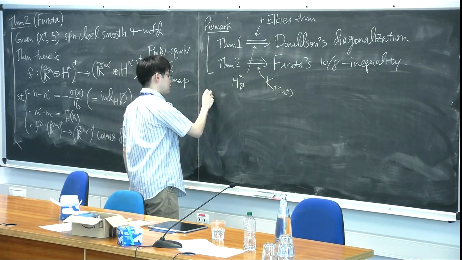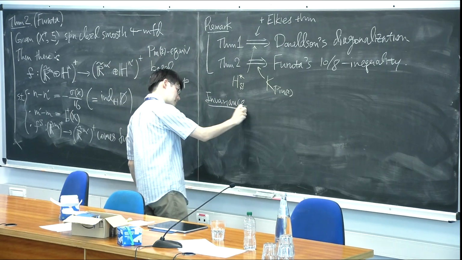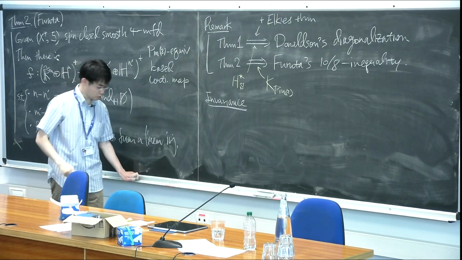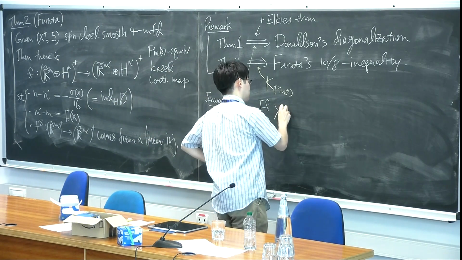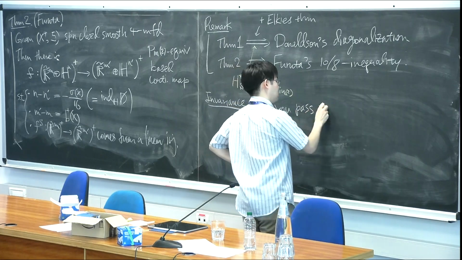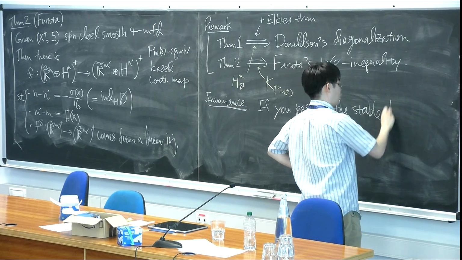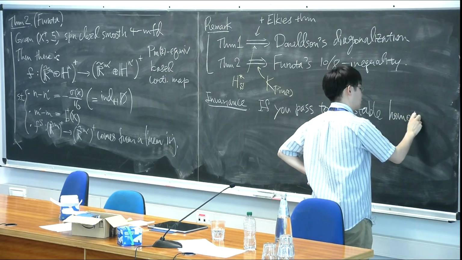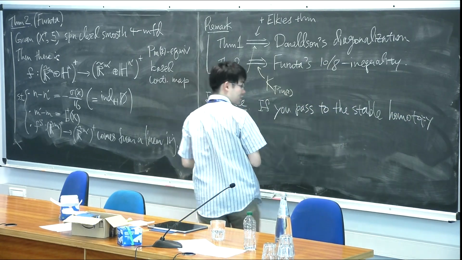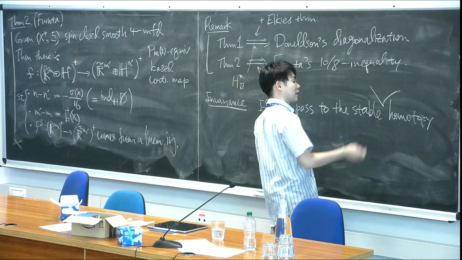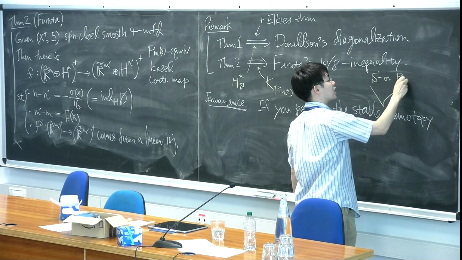And we're talking about invariance. I didn't talk about the invariance at all, but if you pass to the stable homotopy, if you like, you should put more adjectives to make it precise, like S1 or Pin 2 equivariant.